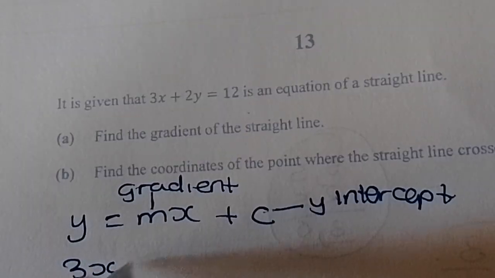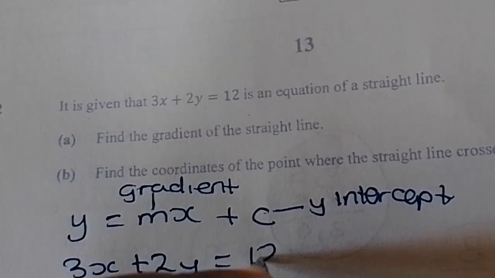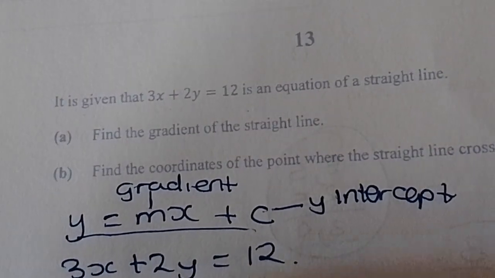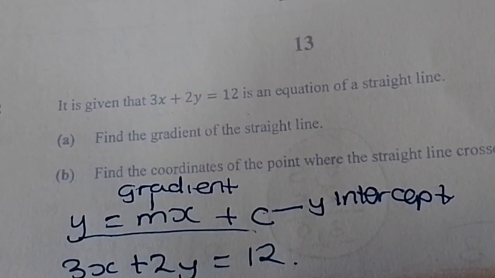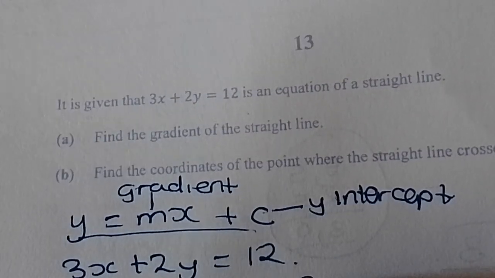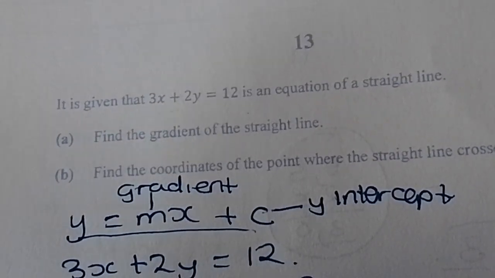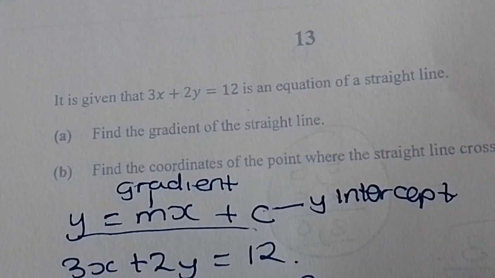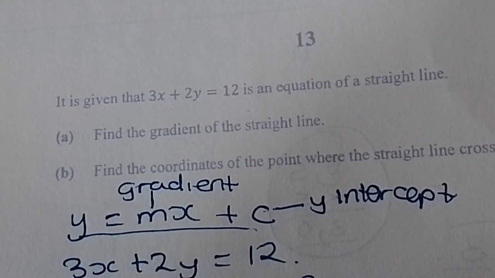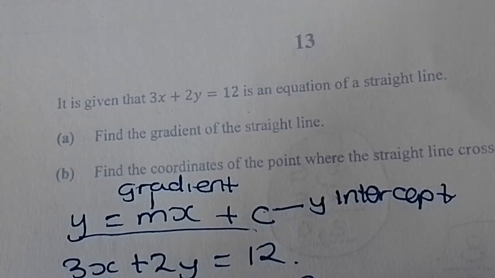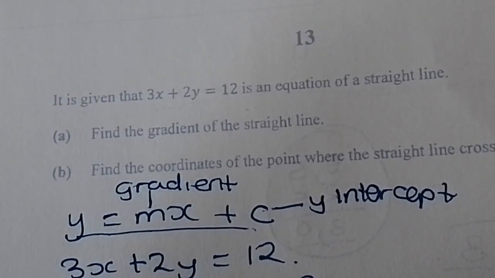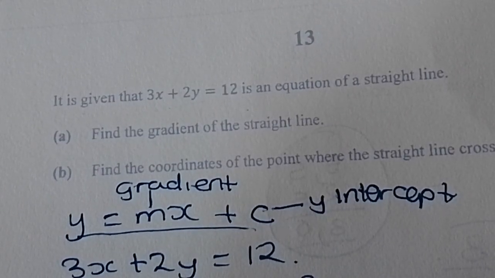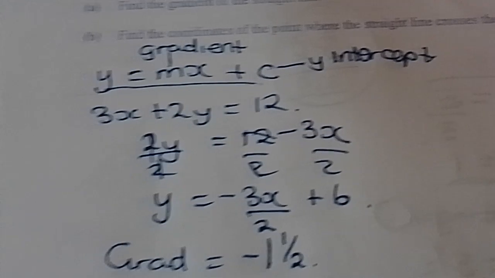So our 3x plus 2y is equal to 12. We want to express it in this form. So it's just like making y the subject there. So we now have 2y is equal to 12. This comes to this side, it's minus 3x. Divide by 2. So y is equal to minus 3x over 2 plus 6. So our gradient is equal to negative 1 and a half, negative 3 over 2.